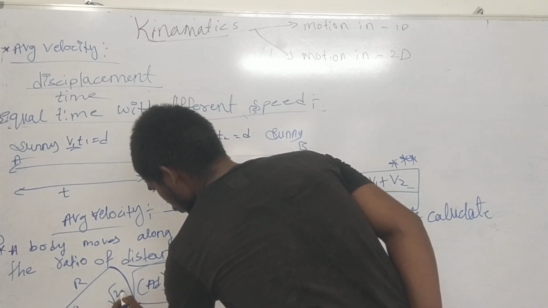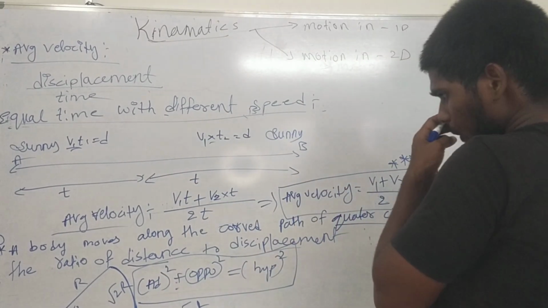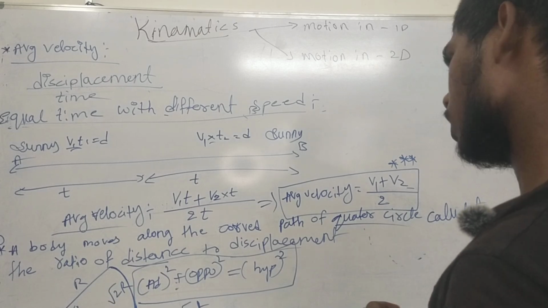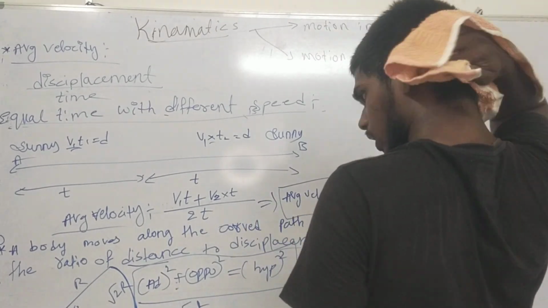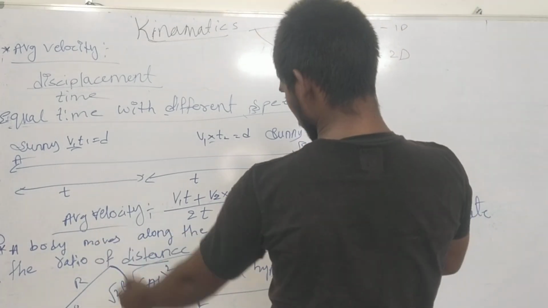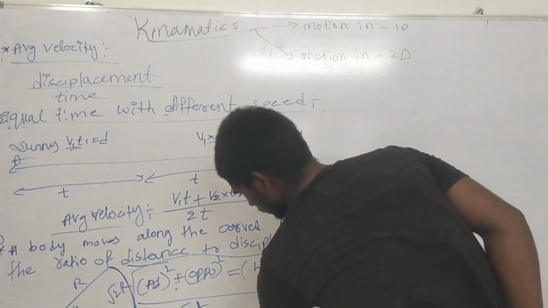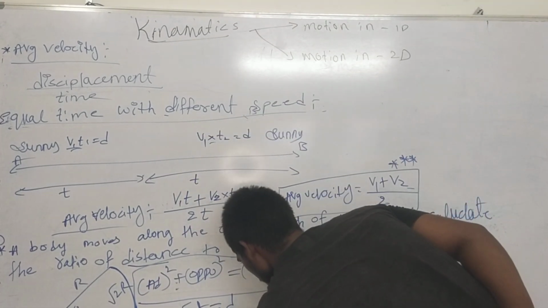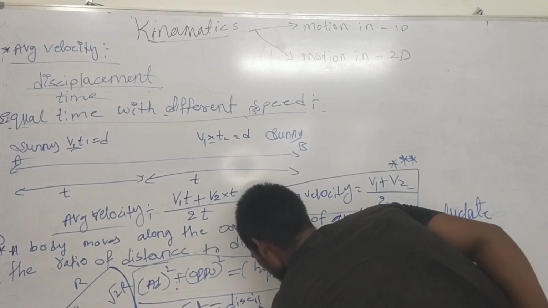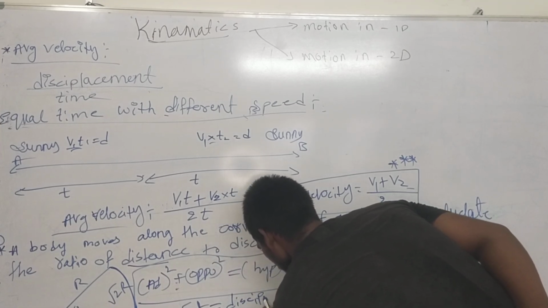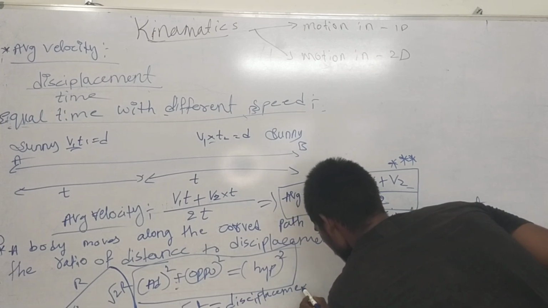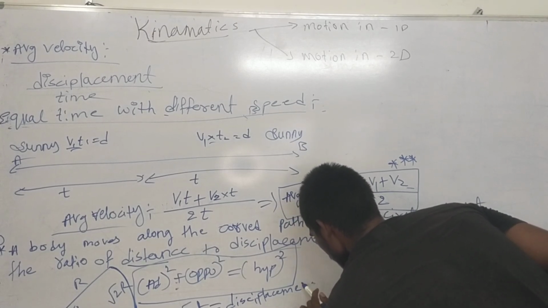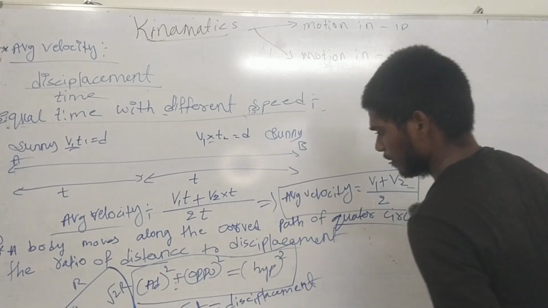This is √2r. This is a displacement. What is the distance?